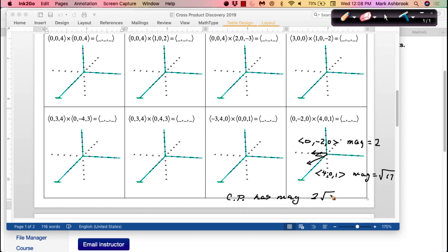2 square root of 17. And then what about the direction? So there's two possible directions. Either, do you see it's kind of the direction that's orthogonal to both of those is kind of like the z-axis, but maybe tilted a little bit. Do you see that?